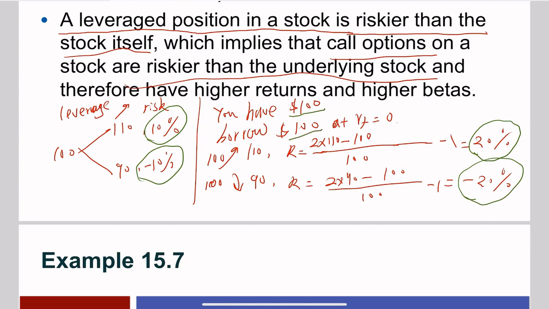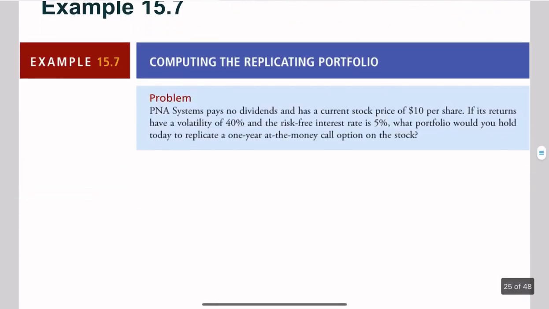So basically, using leverage increases your risk. And if a call option can be considered as a leveraged position in its underlying stock, then the call option has to be riskier compared with the underlying stock. Okay, now let's see this example here.